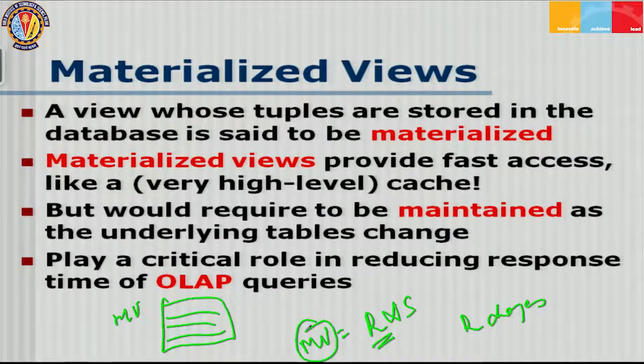Now R changes. So when R changes, what happens? MV also changes, right? You have a copy of this data, so you have to go and change this tuple or change MV in some way, according to what changed in R, right?